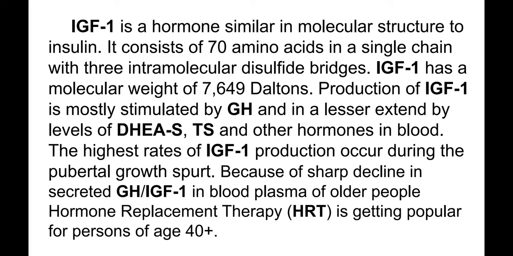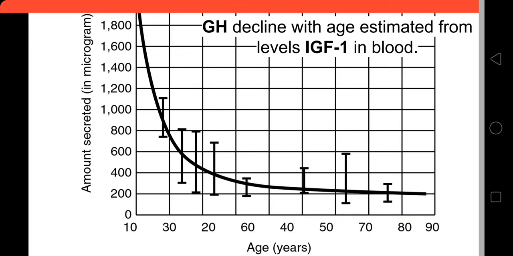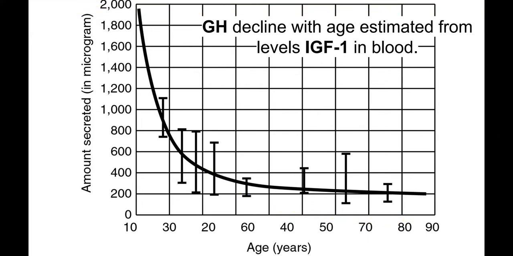And all these calculations about the growth hormone decline with age are estimated from the levels of insulin-like growth factor 1 in blood, and we see that it is sharply reduced during aging. So at the age of 60, we have 10 times less growth hormone and 10 times less insulin-like growth factor 1.